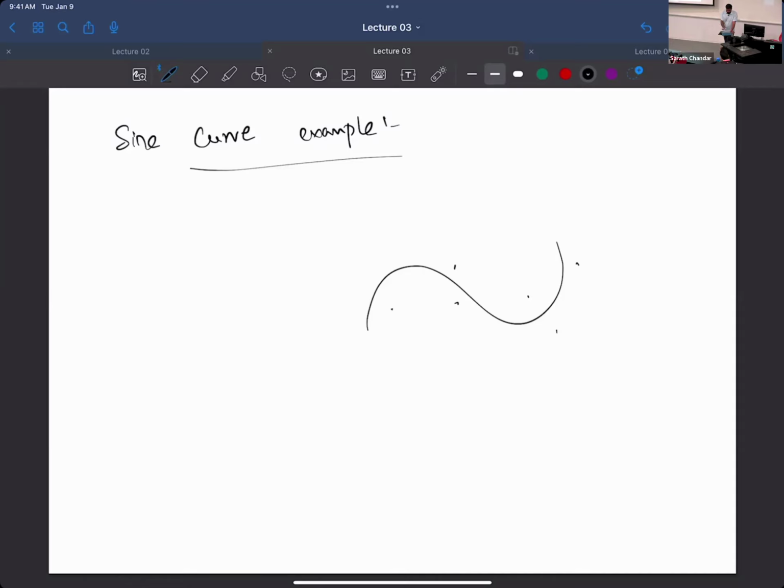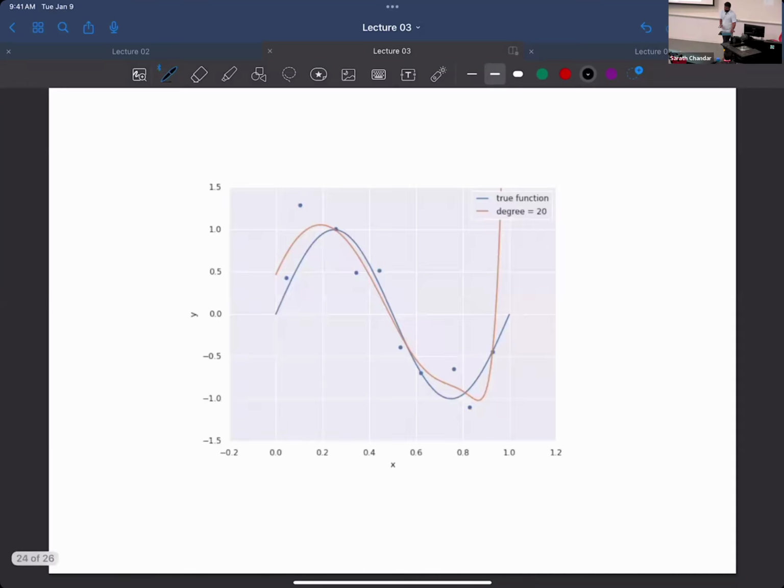Okay, so the surprising result is it doesn't overfit as much as a 20-degree polynomial closed form solution would overfit. In fact, you see here, this is actually doing a great job, right? For a 20-degree polynomial with no regularization, I'm not doing L2 regularization here. Okay, with just a simple 20-degree polynomial and full gradient descent, the curve looks very close to the sine curve.